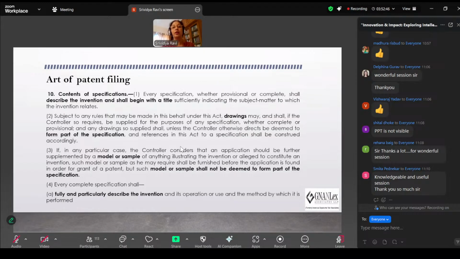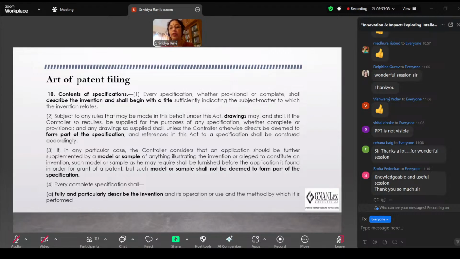Okay, now what does the law say? The law says that the patent specification, the document where you disclose the patent and file it at the patent office, is called a patent specification. Now it says that every specification should have a title. It can have drawings which are part of the patent specification.